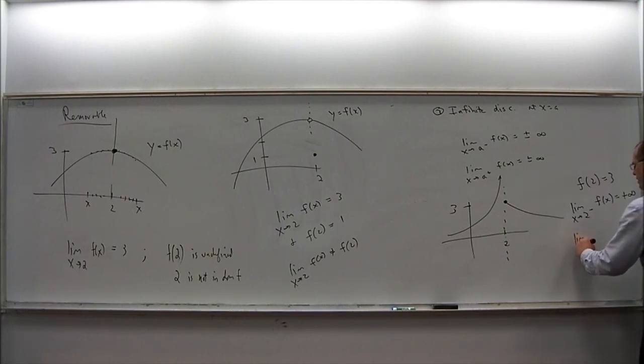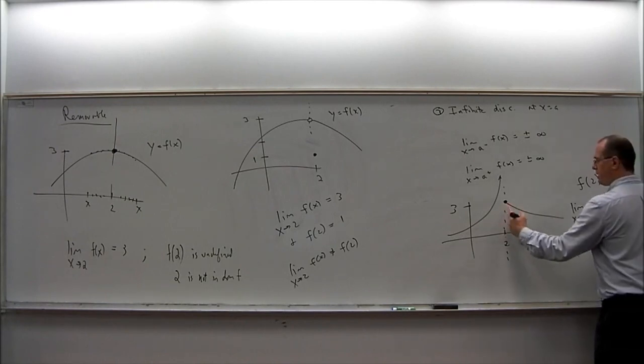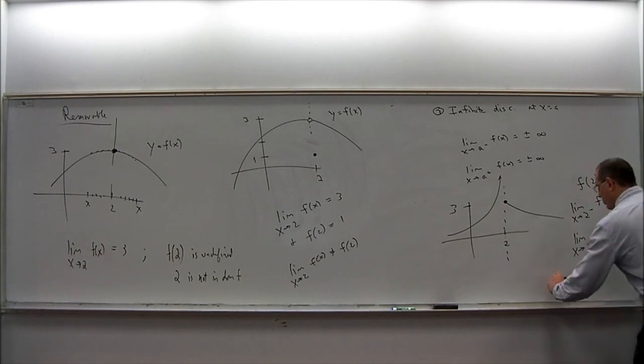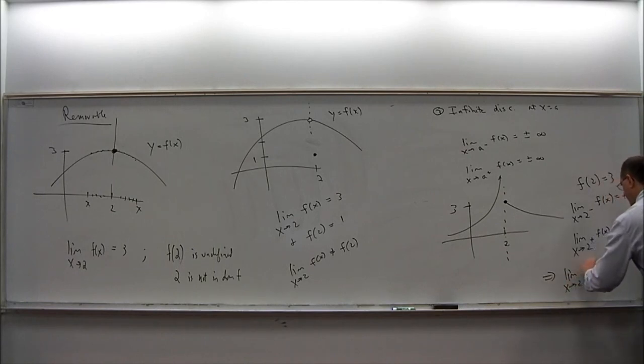The right side limit is 3. The right side limit is the height 3. So the left side limit and the right side limit disagree, the same as the jump discontinuity. The left and right side limits disagree, and that means that the two-sided limit does not exist.